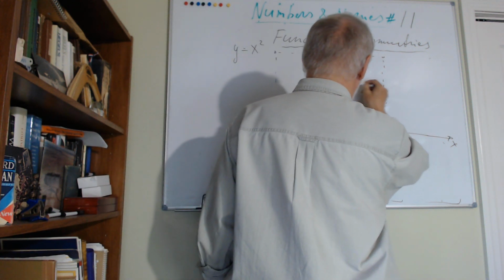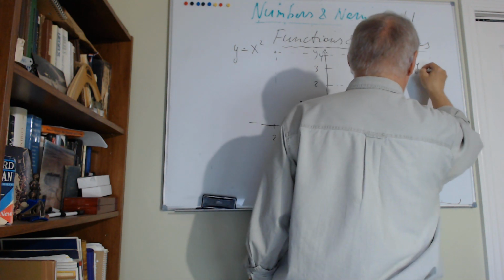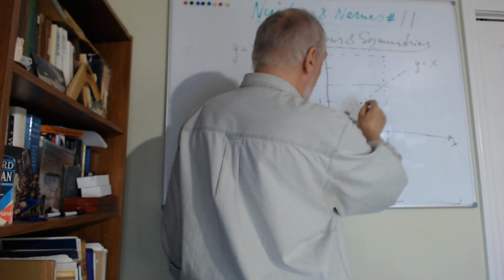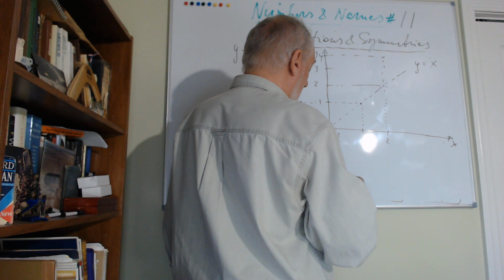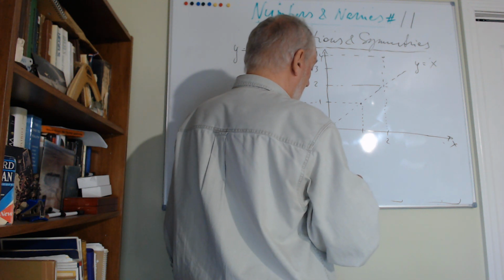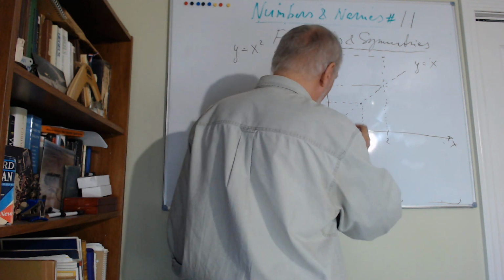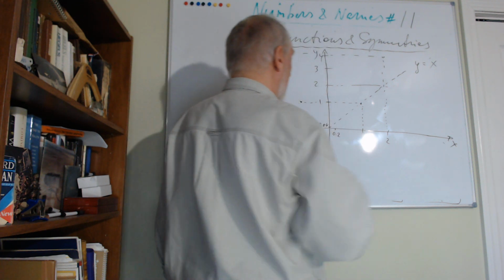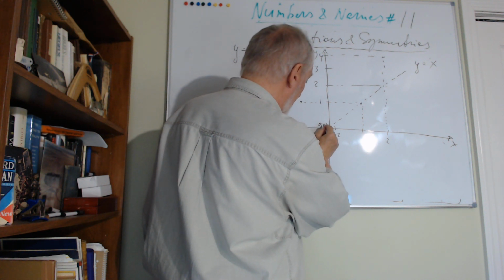And by the way, let's put the line y equal x here too, just to look at how it looks like. So y would equal 0.04. It's very small, right? So it will be somewhere here, and the symmetrical point will be somewhere here.